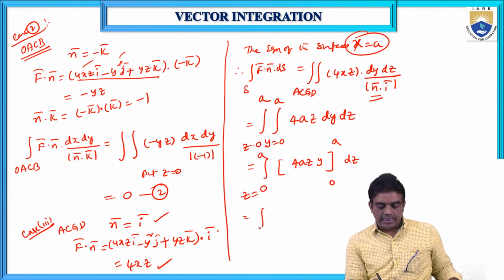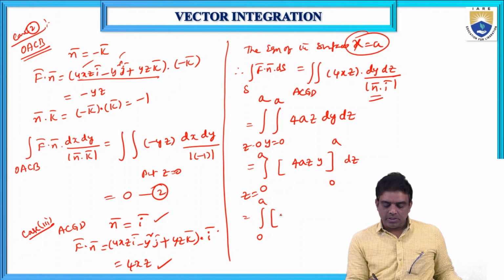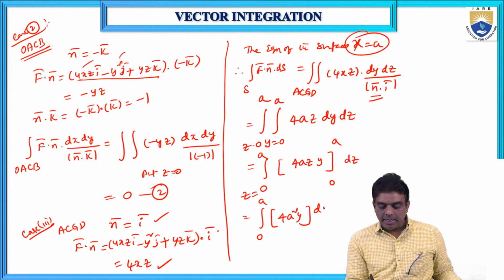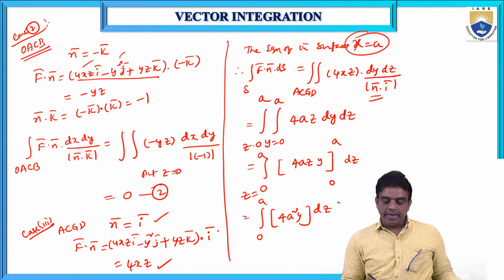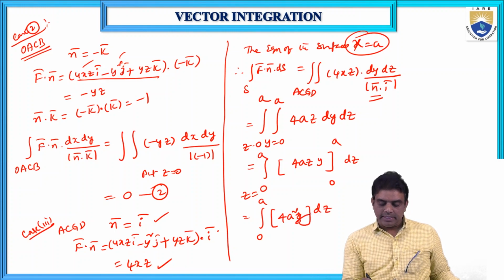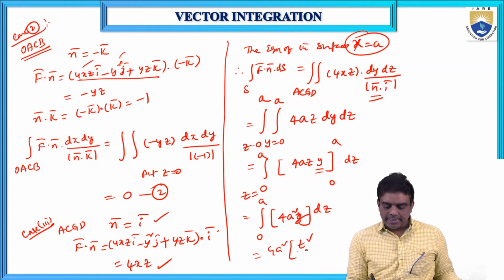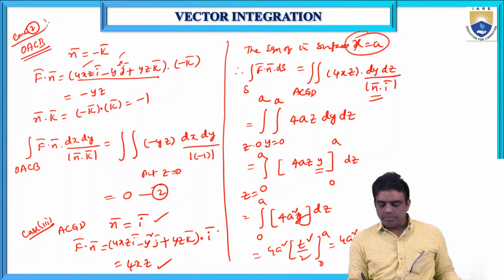Replacing y by a gives 4a square z, and 4a square is constant. The integral of z dz is z square by 2, from 0 to a. That is 4a square into a square by 2, which is equal to 2a power 4.